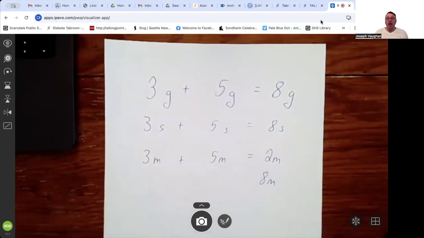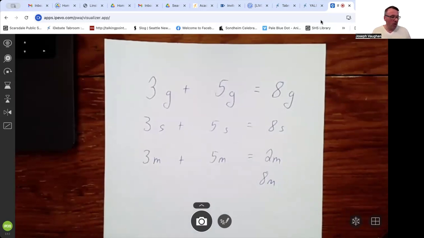That's a possibility. But I could also go 3 meters east and 5 meters north. And if I asked you the question, how far are you from where you started? That answer is not 2. That answer is not 5. That answer is, what is it? Hopefully you're thinking radical 34 meters.